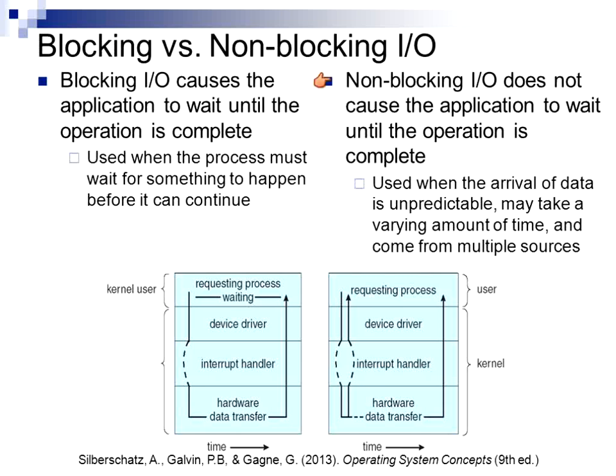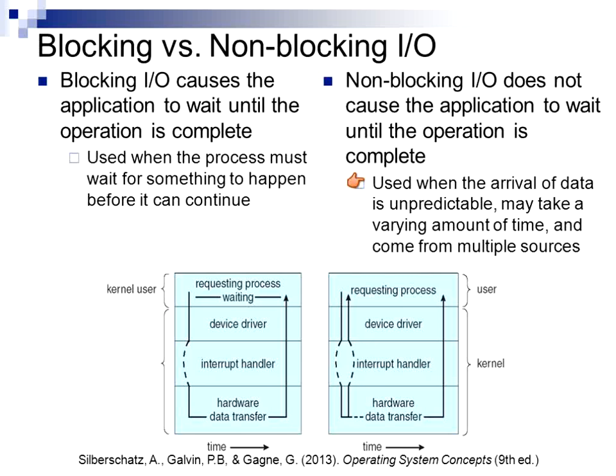Non-blocking I/O, on the other hand, doesn't cause the application to wait until the operation is complete. This is used when the arrival of data is unpredictable, it can take a varying amount of time, or it'll come from multiple sources. A lot of times non-blocking I/O is used in cases like a network server.